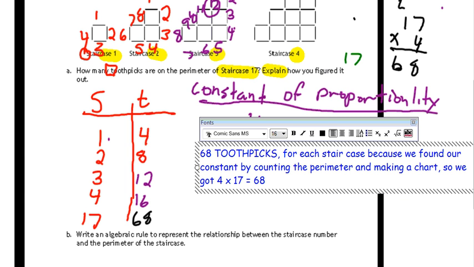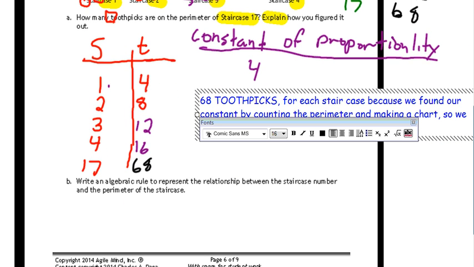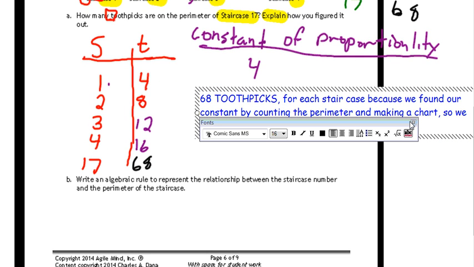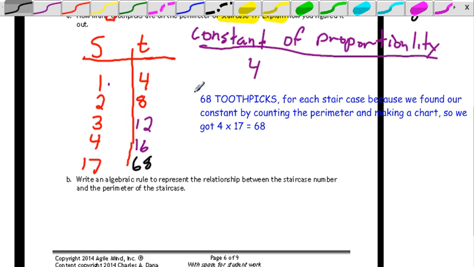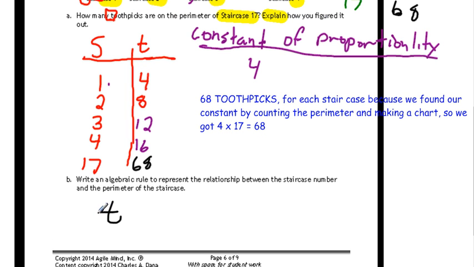For everyone else, part B is going to be this. Write an algebraic rule between the staircase number and the perimeter of the staircase. So for us to get the toothpicks, we need to figure out what T was. T equals what times what?